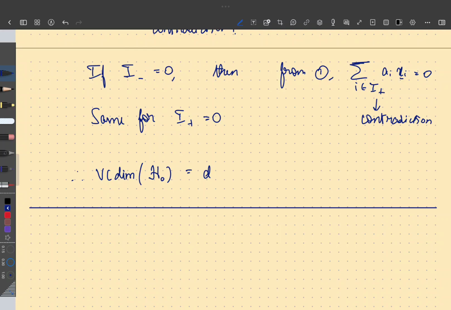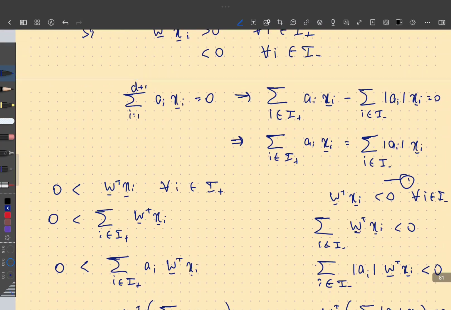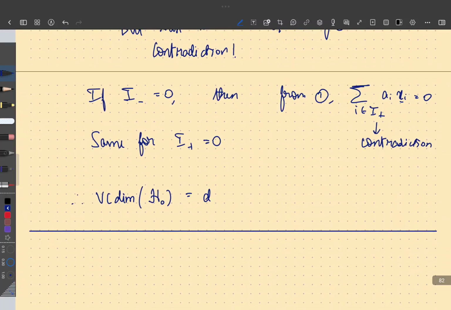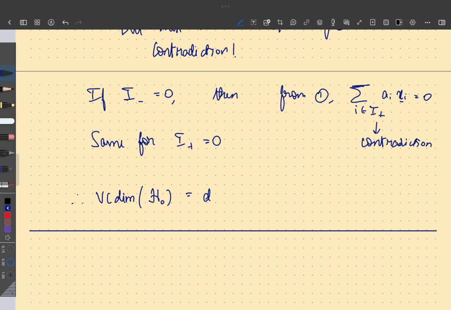I'm not following perhaps. So you take some collection of d plus 1 points. What is the contrapositive of the statement? What would it mean? Contrapositive of which statement? We just proved that if you take any set of size d plus 1 or larger, then this cannot be shattered by H naught.